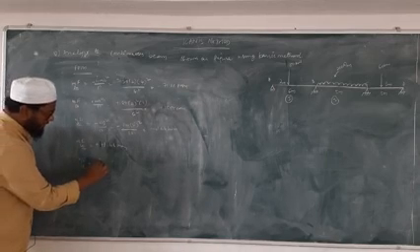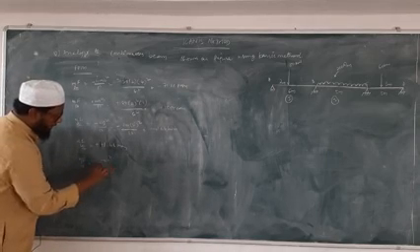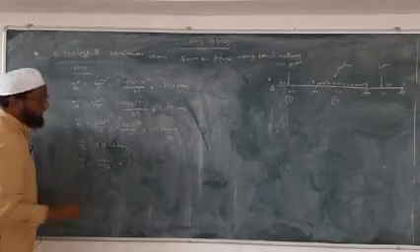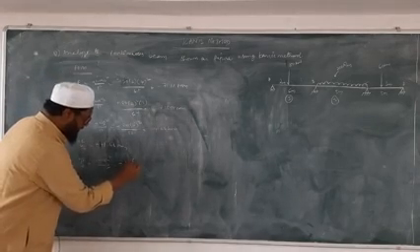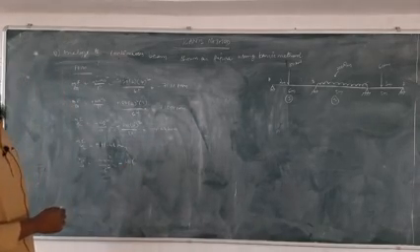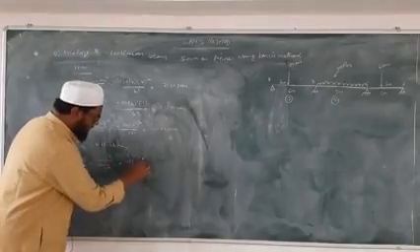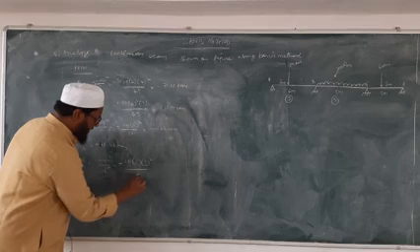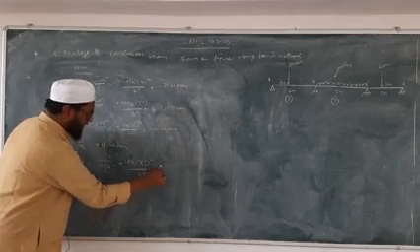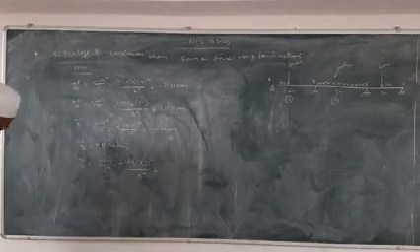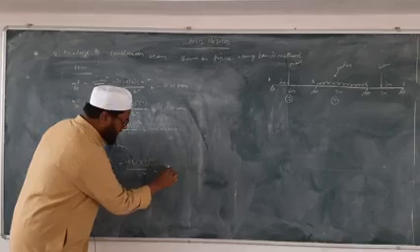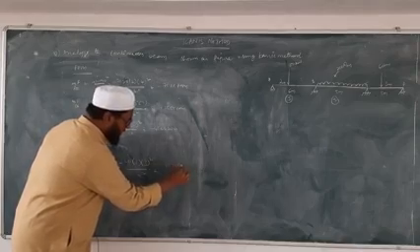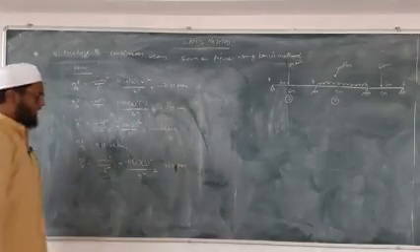MF CD is equal to minus W a b square by L square. What is W there? 60, with a as 2, divided by 5 square. Tell me this value. Minus 43.2 kilonewton meter. 43.2 only, right?